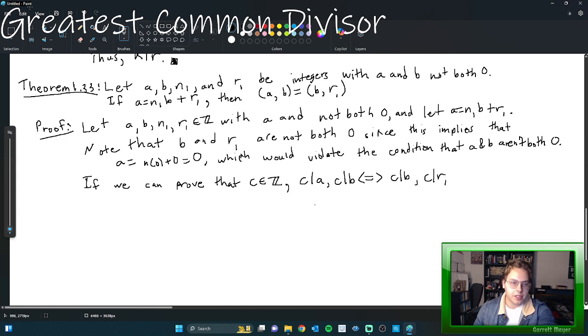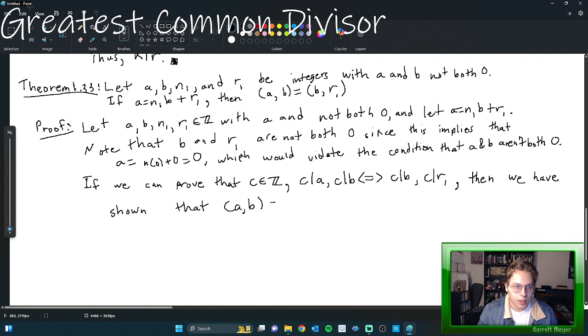So if we can prove this statement true, that if C divides both A and B, that means that C divides both B and R1, and if C divides B and R1, it also means that C divides both A and B, then we have shown that the GCD of A and B equals the GCD of B and R1.